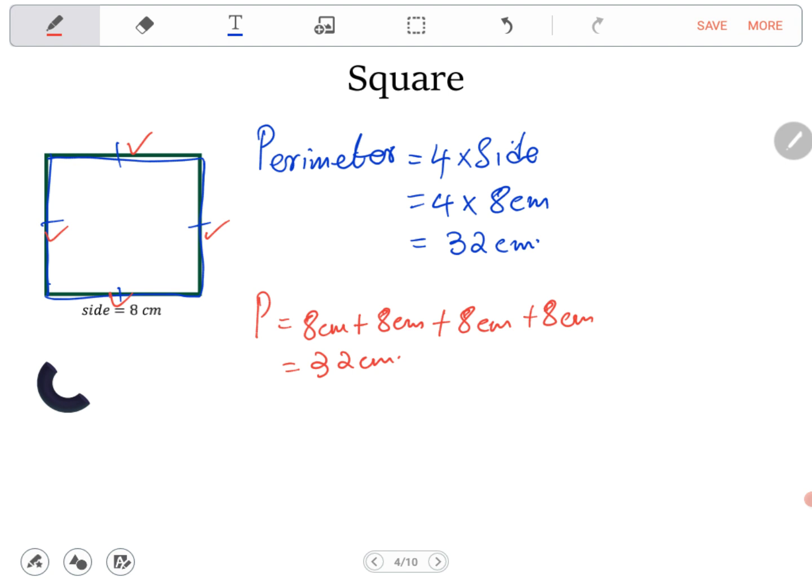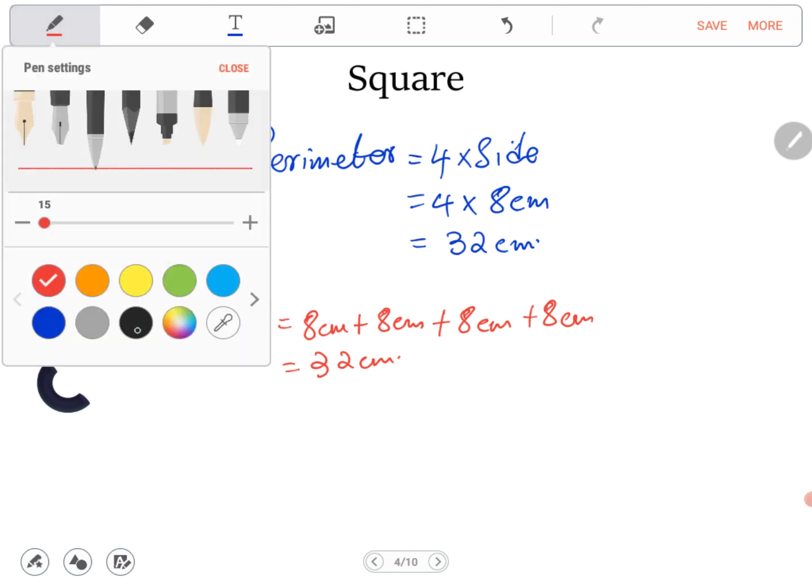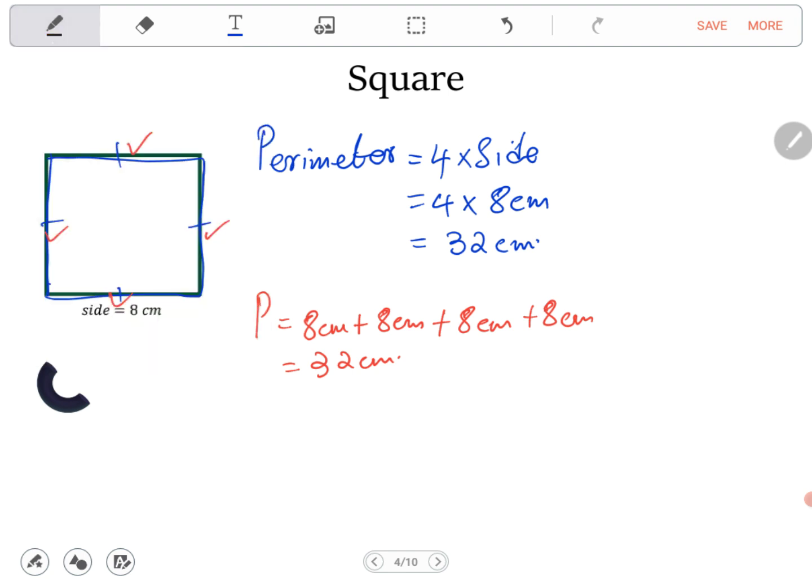All right. Now we want to talk about the area. Area of a square is given by length times breadth.